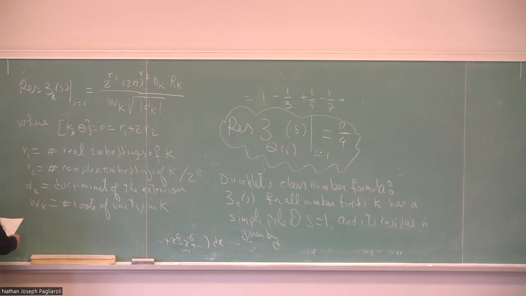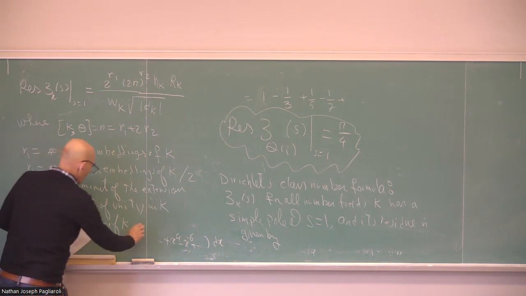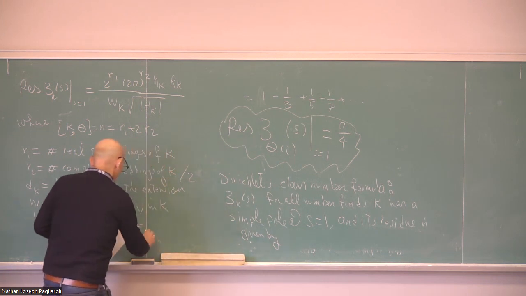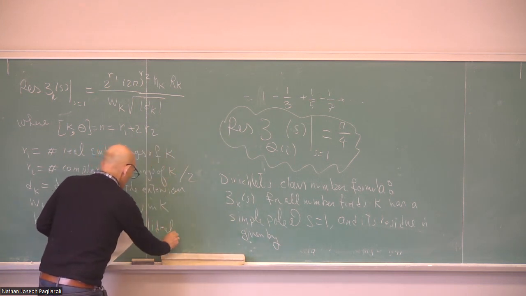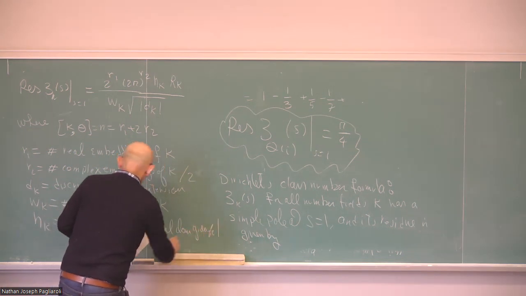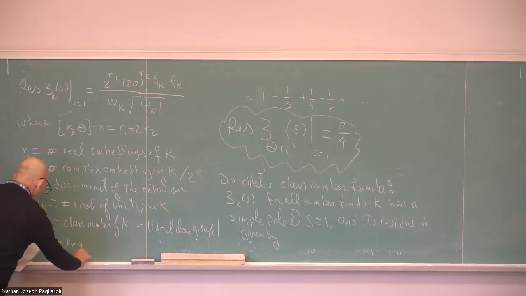Now, what about h_K? h_K is the class number of K, which is the order of the ideal class group. And R_K is the regulator.